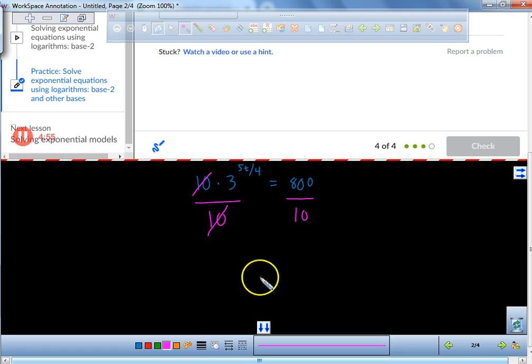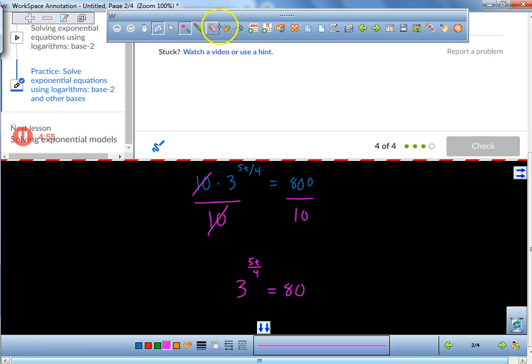So these cancel out. We're left with 3 to the power of 5t over 4 equals 800 divided by 10, so that gives us 80. Why am I going to move this over just a little bit? Because what do I have to apply to both sides right now?